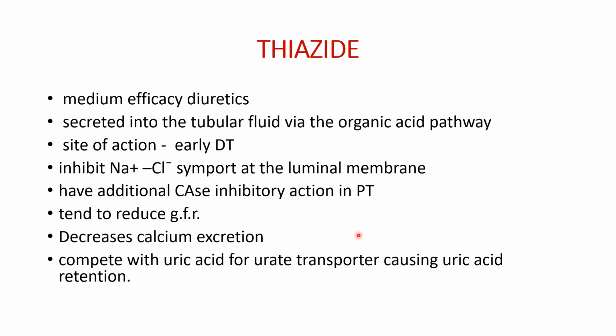When the GFR becomes less than 30, then thiazides cannot be used, and it decreases the calcium excretion. Again, like loop diuretics, it competes with the uric acid for the transporter and causes uric acid retention.